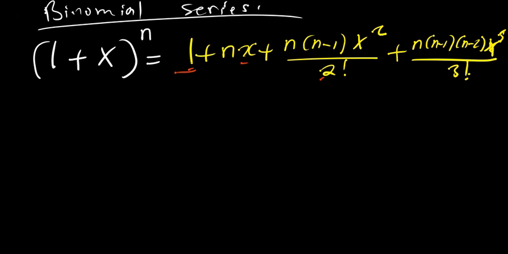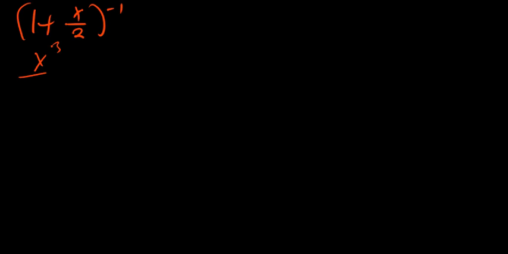So the question is this. We want to expand 1 plus x over 2, to the power -1, in ascending powers of x up to and including the term x to the power 3. So you use the same formula: 1 plus nx plus n(n minus 1)x squared divided by 2 factorial plus n(n minus 1)(n minus 2)x cubed divided by 3 factorial.